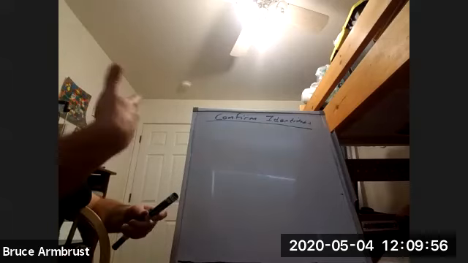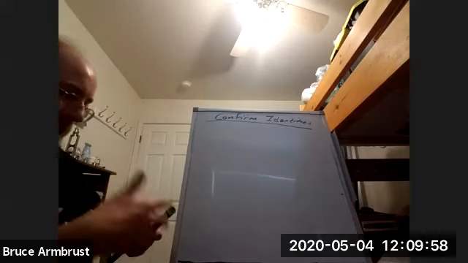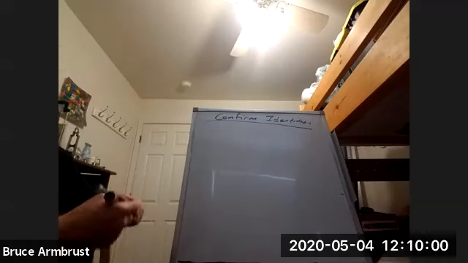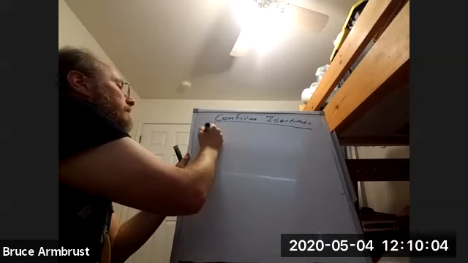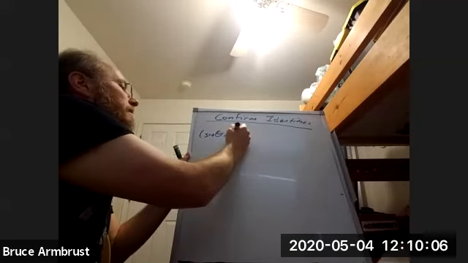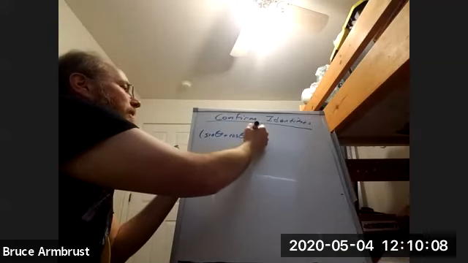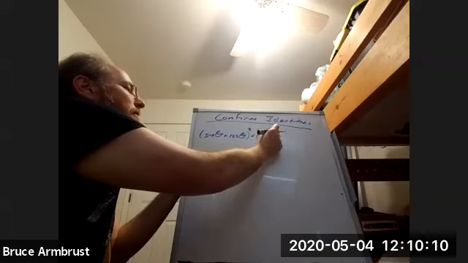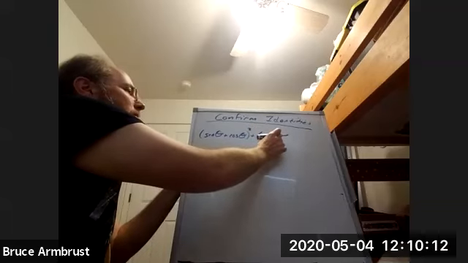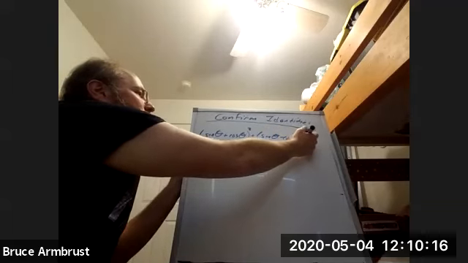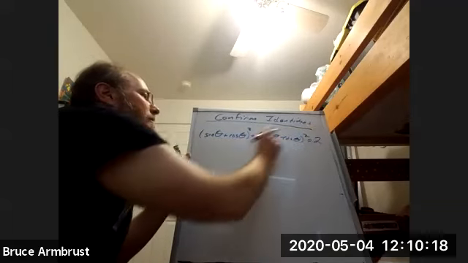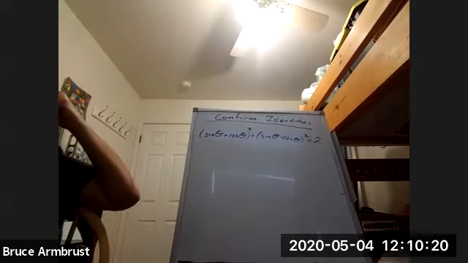So let me give you an example of one, and we are going to prove this one in a second, but it looks like this. Sine of theta plus cosine of theta squared plus sine of theta minus cosine of theta squared equals 2.